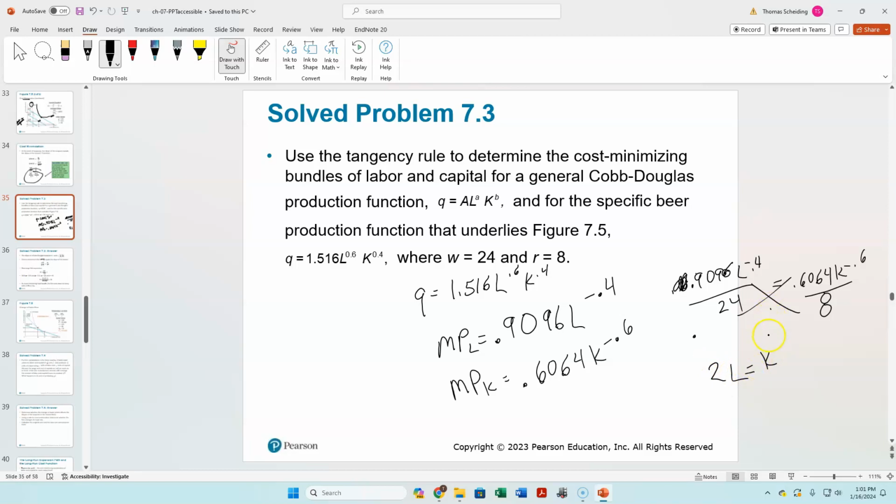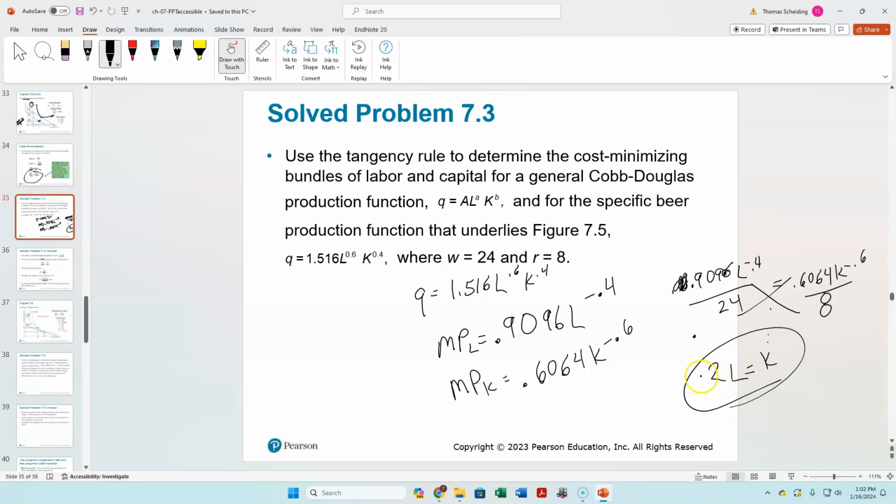Once we simplify it, it'd be a bunch of steps here to get to this point. I'll outline those steps further when we get to me describing the homework. But then again, what becomes useful for that is that what we can see here is that workers cost 3 times as much as capital. And yet capital is twice as productive as labor.